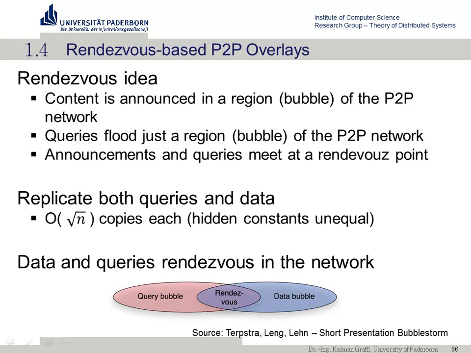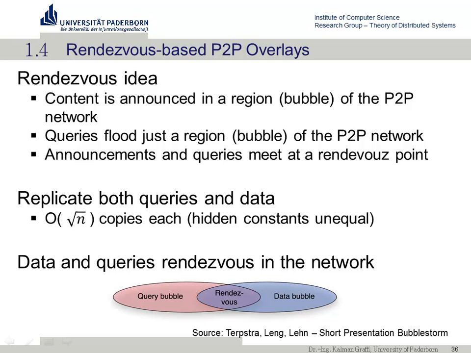And the point is, what is the new part about it? The new point is that previously we didn't have any announcement of what kind of data we have. So the announcement cost was 0, so O(1). And the query bubble previously was basically O(n). In the worst case, we had to contact every node to find what we are looking for.